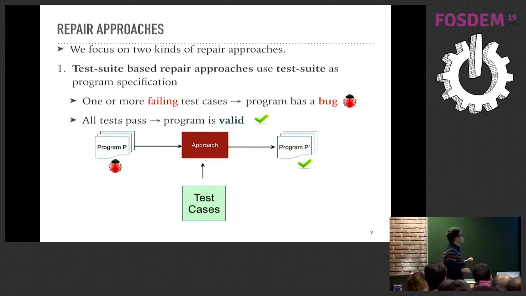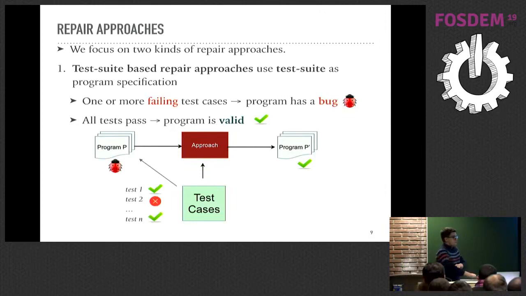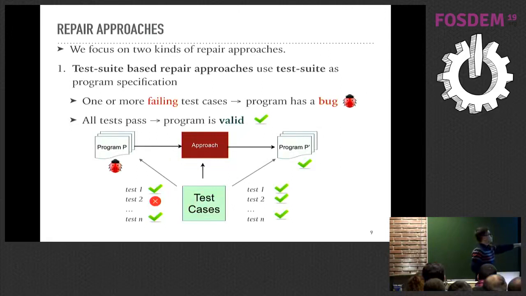However, if all the test cases pass, that means that the program is valid with respect to the specification, that means with respect to the test cases. So the idea of this approach is to change the behavior of the program with the goal of passing all the test cases.